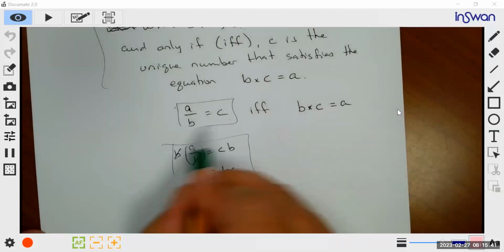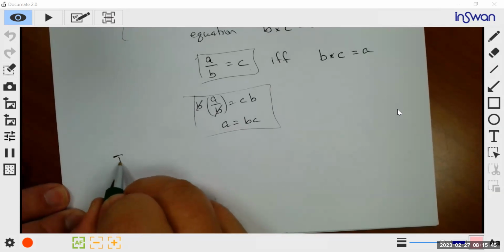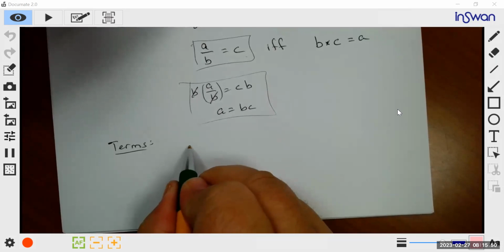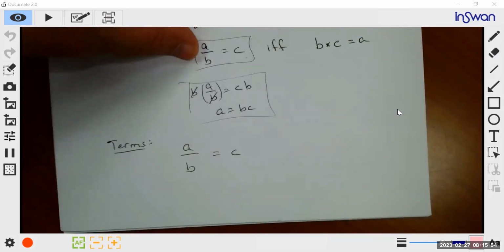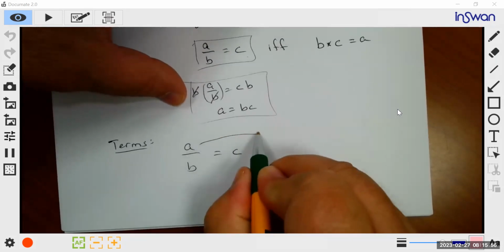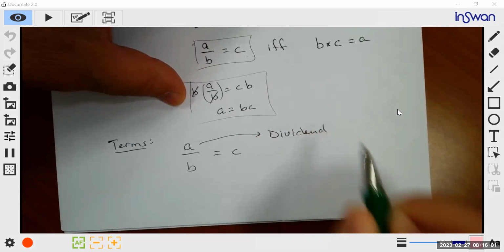When we have these division equations, let's look at the terms used. We have A divided by B equals C. A is called the dividend.